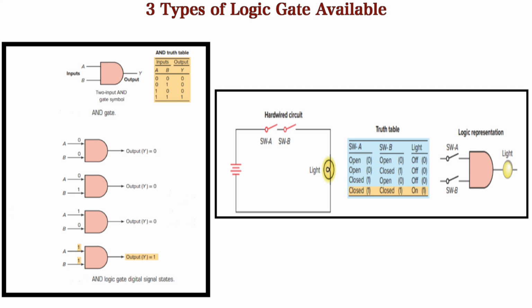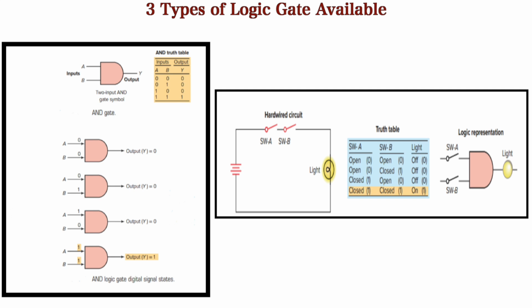When both the switches are open, the output is off since the circuit is not complete, and if both the switches are closed, means 1, 1, the output is on or high. Here you can also see the logical representation of the AND gate in the form of switches and the light indicator. Next is the OR gate.